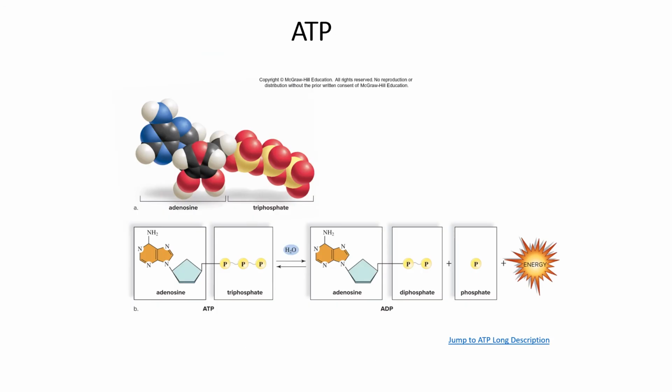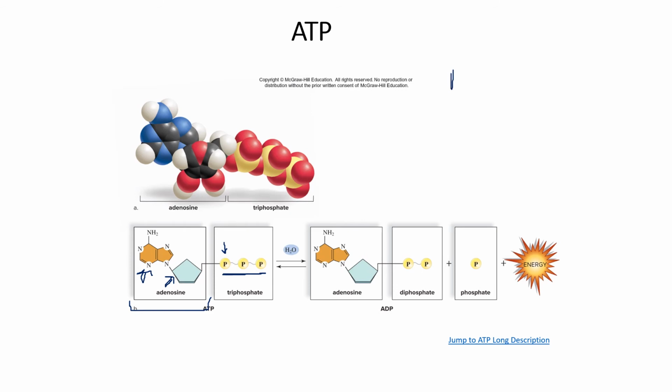So if we look at it, here's adenosine. So we're used to nucleotides being a nitrogenous base, a sugar, and a phosphate. So the base in ATP is adenine. The sugar, I believe, is ribose, and then it has 3 phosphates linked together.